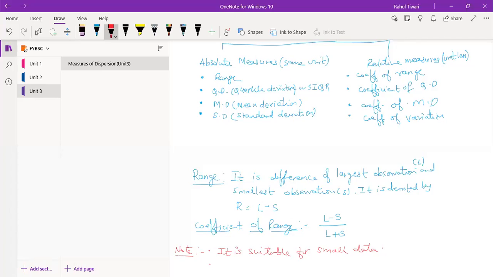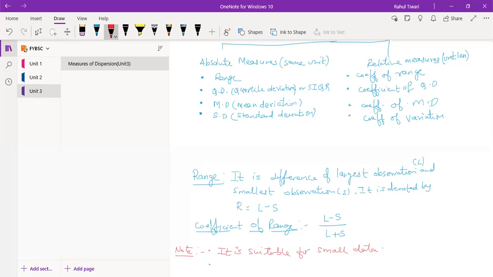And one observation suddenly is 200. So the maximum is 200 and the minimum is 10. Can you understand? Whenever this situation happens, range fails. This is one of the very important drawbacks of range.